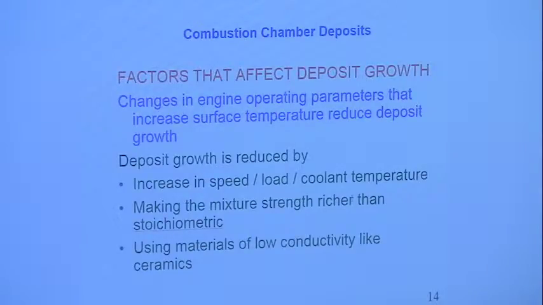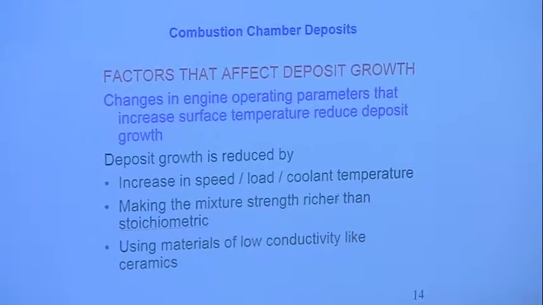Any change in engine parameters that increases surface temperature, like an increase in speed, load, or coolant temperature, will reduce deposit growth. Very interestingly, making the mixture strength richer than stoichiometric actually reduces deposit formation in the combustion chamber, because of the increase in combustion temperatures.